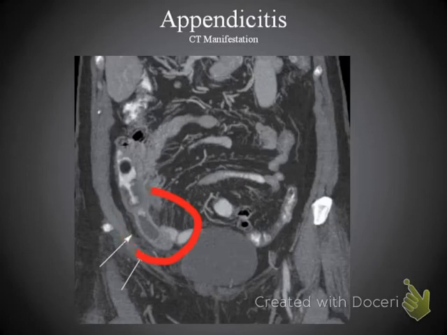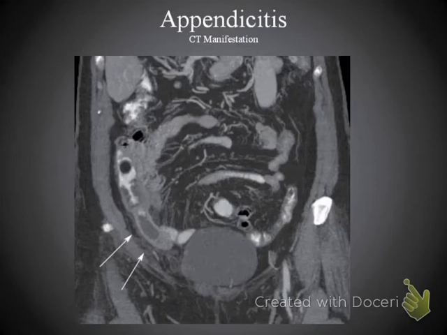Not only do we have the appendix here, we also have some stranding coming off of it. Because of that, we say that this person definitely has appendicitis. If we look around, the patient has oral contrast here and IV contrast here, so we hit them with both of these as well. But this is a very large appendix.